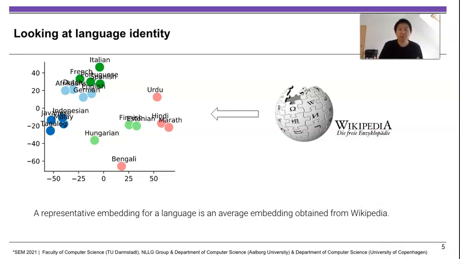As you can see, each circle in the figures is a representative embedding per language, which we collect over a set of sentences obtained from Wikipedia. And each color means a language family. We see language representative embeddings in the same language families, in other words, with the same colors, lying pretty closely in a shared vector space.